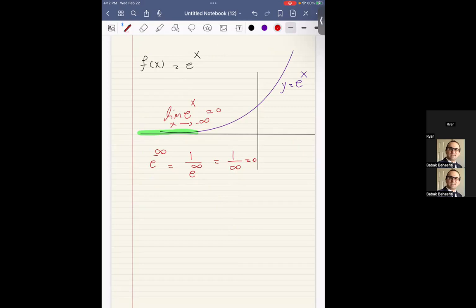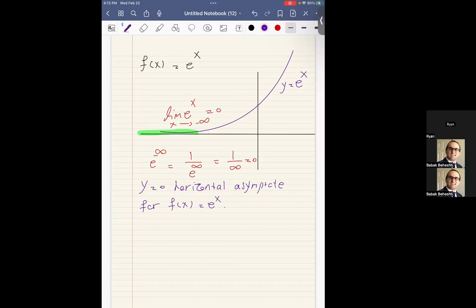So again, you have 1 over infinity, which is 0. So again, here we say that y equal to 0 is a horizontal asymptote for f of x equal to e to the x.